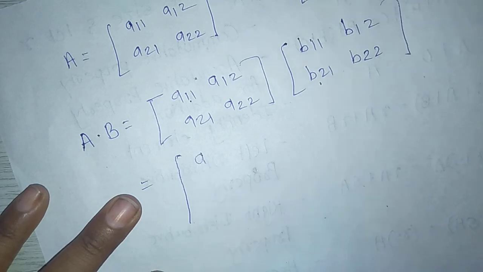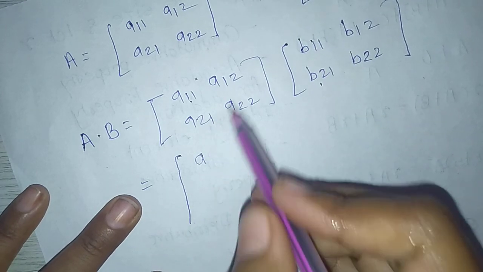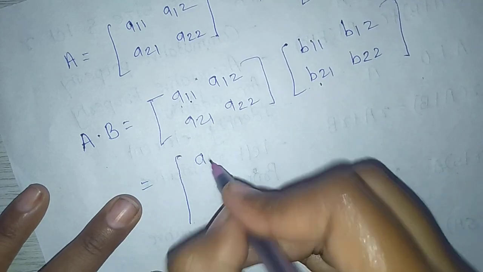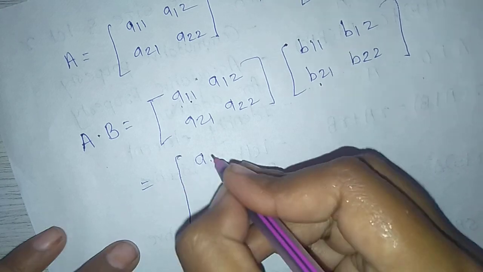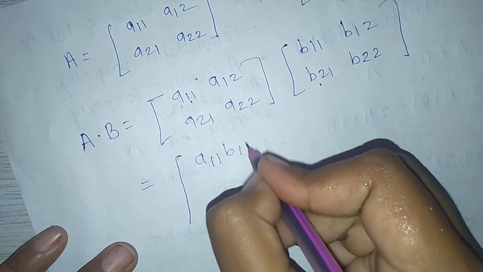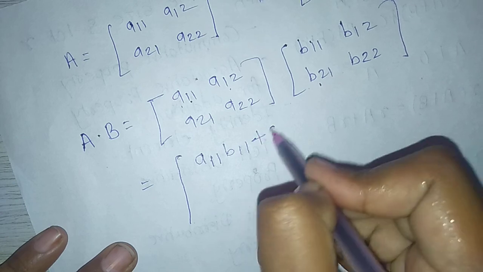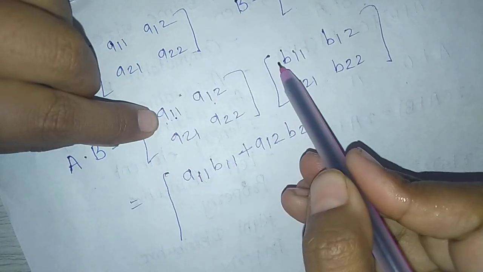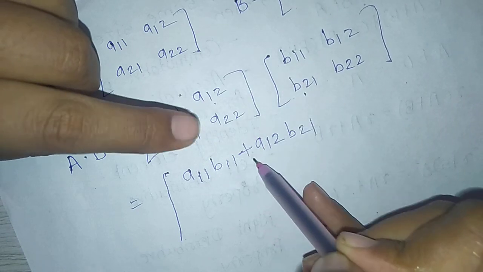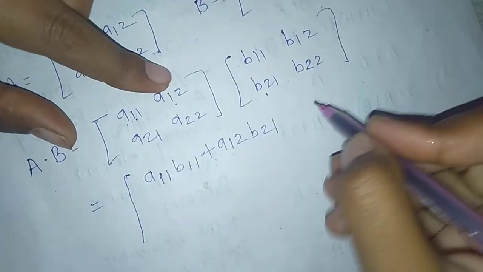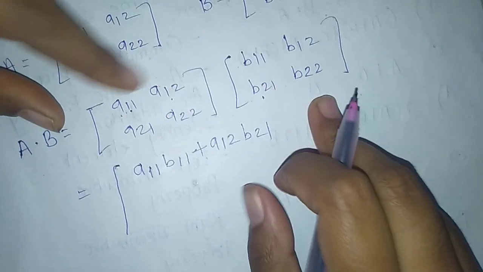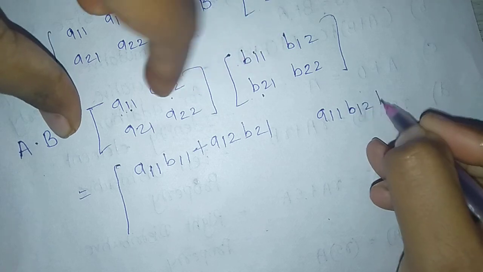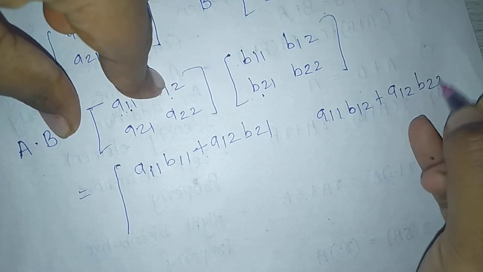Then the multiplication is: the first entry of AB is first row into first column, the sum of the products of the first row and first column with corresponding entries, a11 b11 plus a12 b21. The second entry is first row, second column: a11 b12 plus a12 b22.